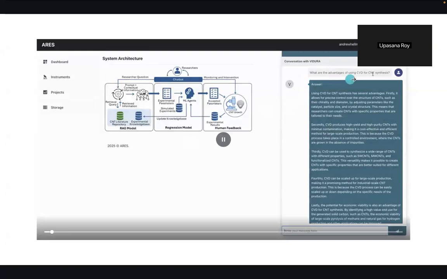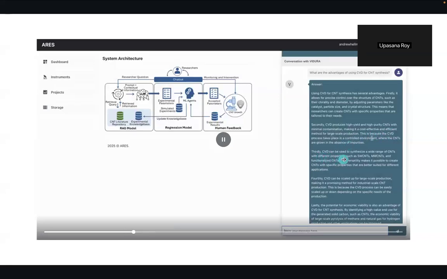So here I have typed this question: what are the advantages of using CVD for the CNT synthesis? Now if you can see here, the answer is pretty well structured, it avoids jargon and clearly focuses by highlighting the points. Firstly, it allows for precise control. Secondly, CVD produces high yield and high purity CNTs.